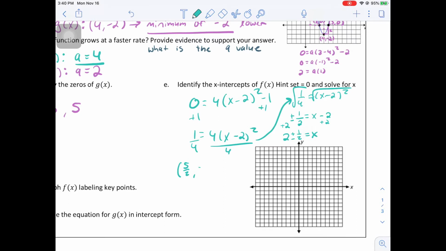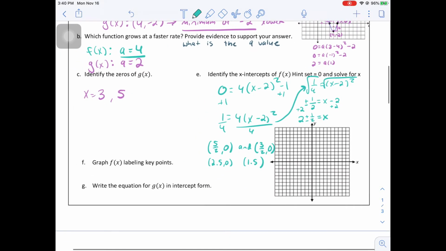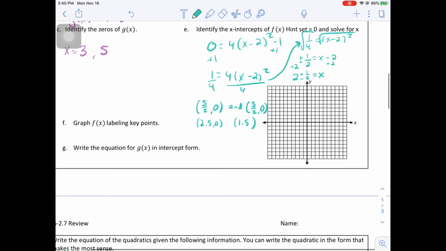So you can go 2.5, or you can say 5/2. So (5/2, 0). And 2 minus 1/2 would be 1.5, which would be (3/2, 0). You could also say (2.5, 0) and (1.5, 0). Both are great answers.